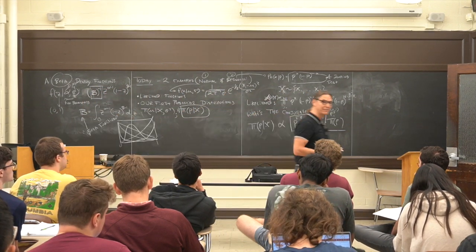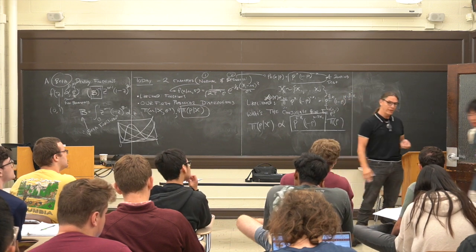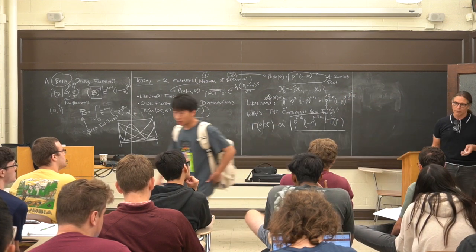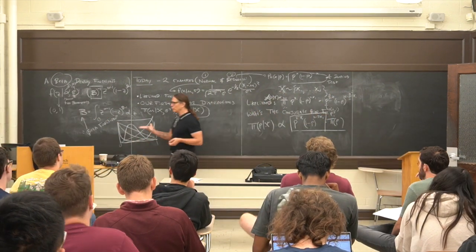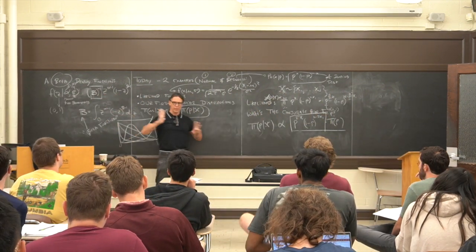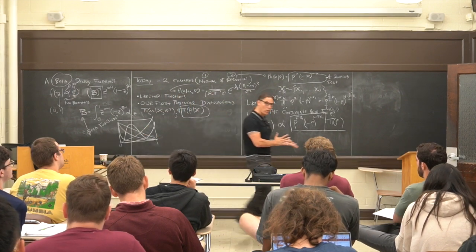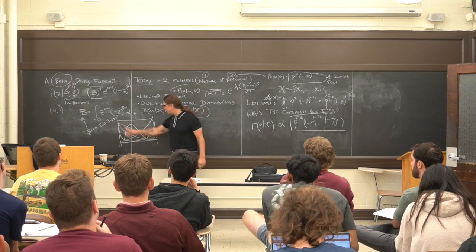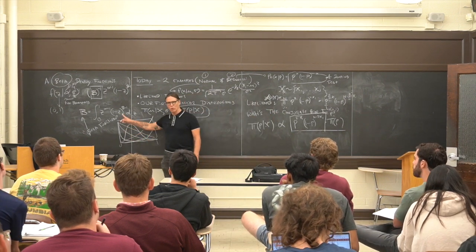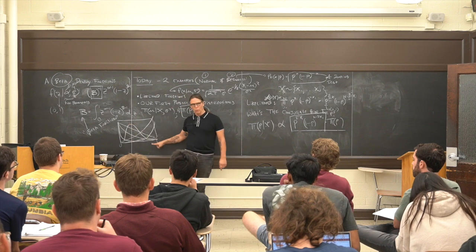They teach people to do it in Stat 101 because it's an easy thing to do. And if it were the 1930s, that's probably what we would do. But nowadays, we can actually compute and use things like this, and even if it's limiting to a normal distribution, it might not be quite normal for a while. So when the sample size is low, we're going to see the shape looks very unnormal, and later on it's going to look more and more normal.